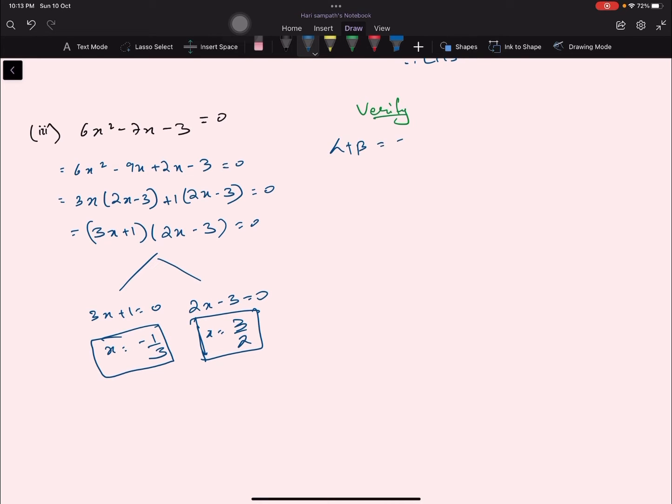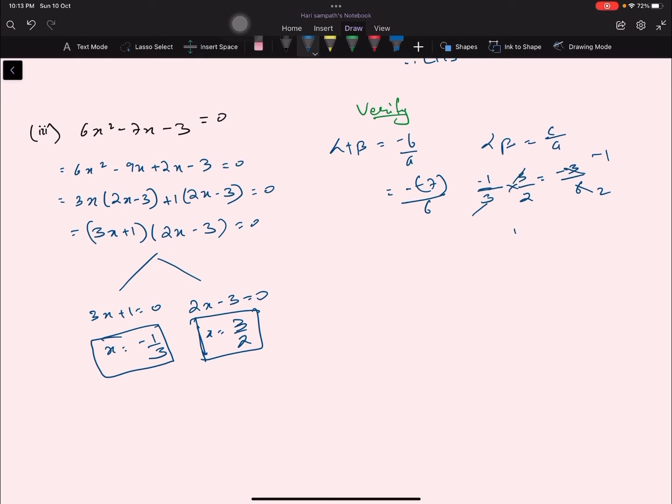Alpha plus beta is equal to minus b by a. Alpha beta is equal to c by a. What is minus b by a? Minus of minus 7 by 6. And here minus 3 by 2. Sorry, minus 3 by 6. So minus 1 by 2. So this will be minus 1 by 3 into 3 by 2.